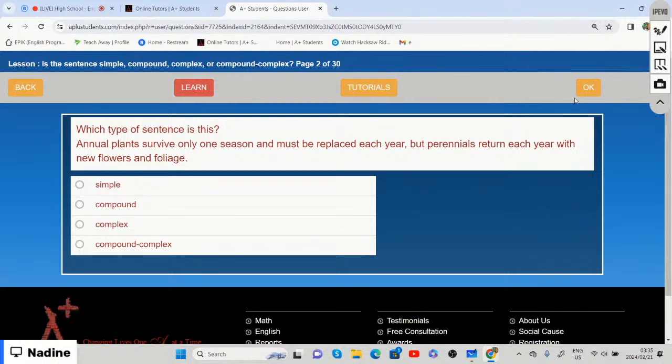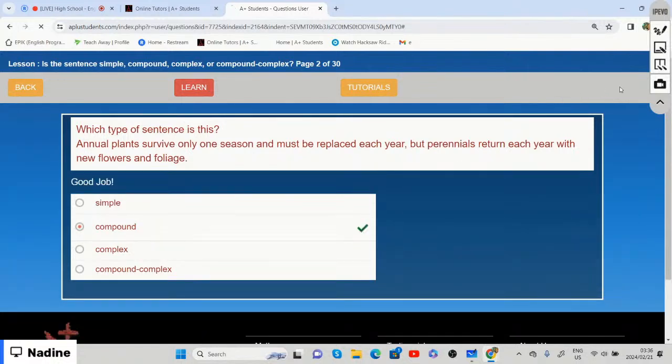And if we look at the word but, we said that a compound sentence is made up of two independent clauses joined by a coordinating conjunction, which is but, and, or so. So we can say this is a compound sentence joined by a coordinating conjunction.